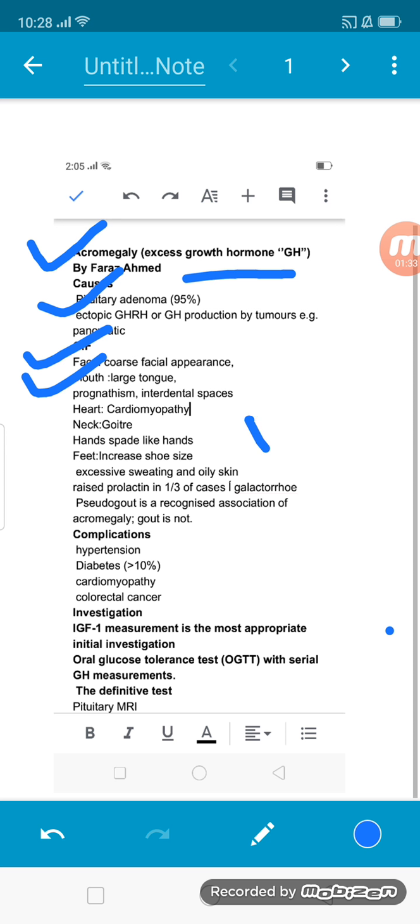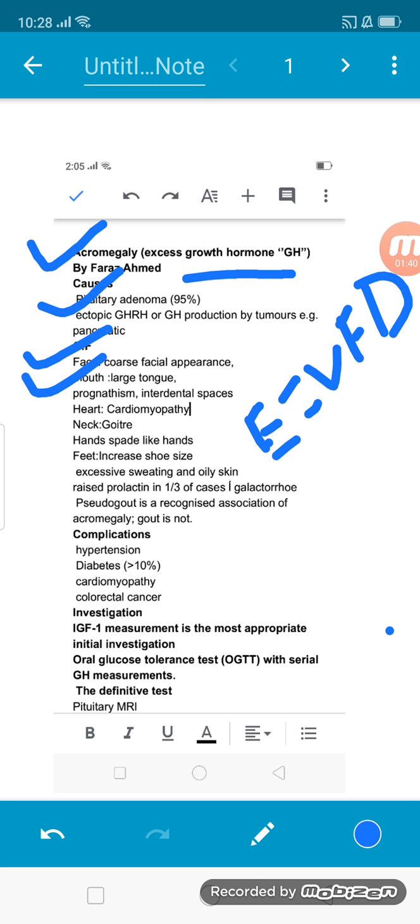In the eye, they cause a visual field defect because the tumor compresses the visual tract. In the neck, they cause goiter, hence shortness of breath also. In the heart, they enlarge your heart and cause cardiomyopathy, and cardiomyopathy is actually one of the major causes of death in them, so remember that.